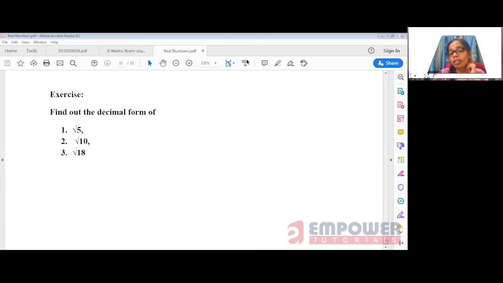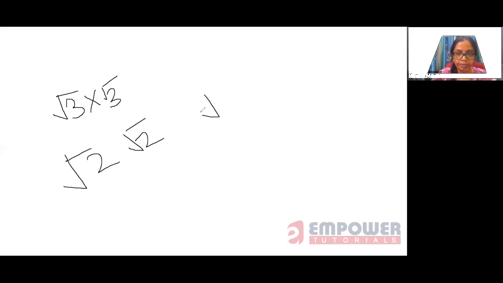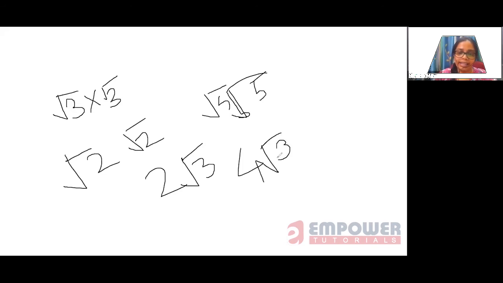And then one more thing you need to understand. When you are multiplying two like irrational numbers, what are like irrational numbers? Those with the same value. So root 3 is a like irrational number, root 2 will be like irrational numbers, root 5, or 2 root 3 and 4 root 3 are also like irrational numbers.